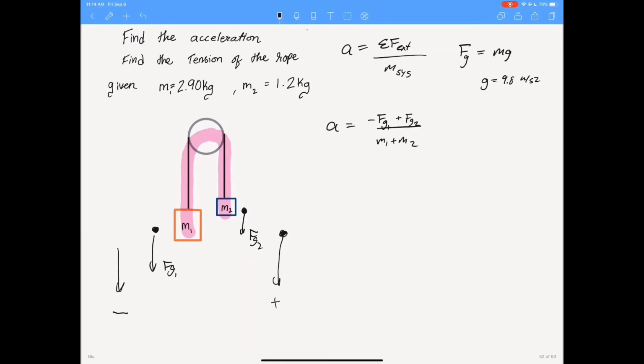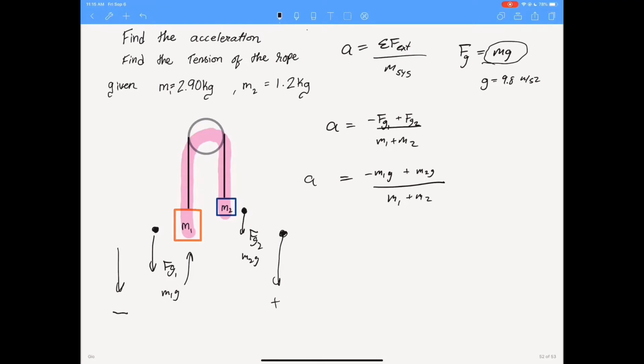Now instead of Fg, we'll use mg, so we get some actual numbers going in. Fg1 is m1 times g, because that's the mass of m1, and Fg2 is m2g. So negative m1g plus m2g over m1 plus m2.